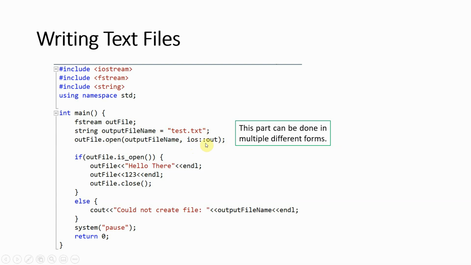Here we made the connection between this object name and the actual physical name of the file. So we basically instantiated an object of class fstream and associated that object with the name of the file. As mentioned earlier, these three lines can be written in many different ways. This is just one way of writing it. In the next examples, you'll see other ways.